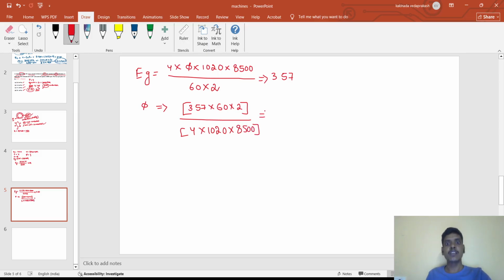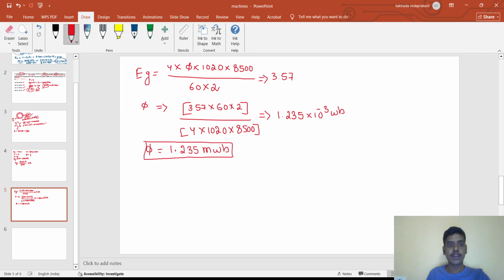By solving this, we get 1.235 into 10 to the power of minus 3 Webers. That means phi is equal to 1.235, and 10 to the power of minus 3 means milliwebers. So this is my final answer: phi is equal to 1.235 milliwebers.